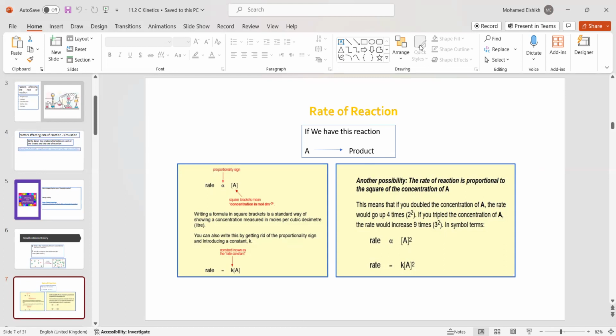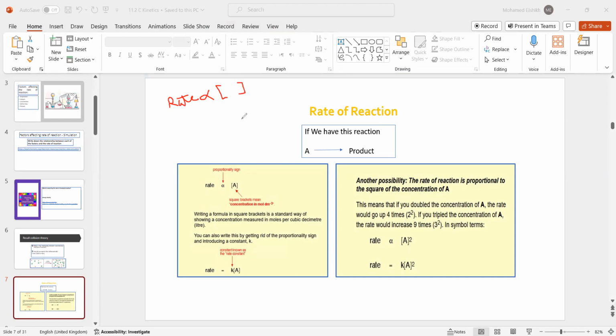So if we want to write what we've just said in words, we can say the rate is directly proportional to the concentration. Fine. So since the rate is directly proportional to the concentration, then we can remove this proportionality sign.